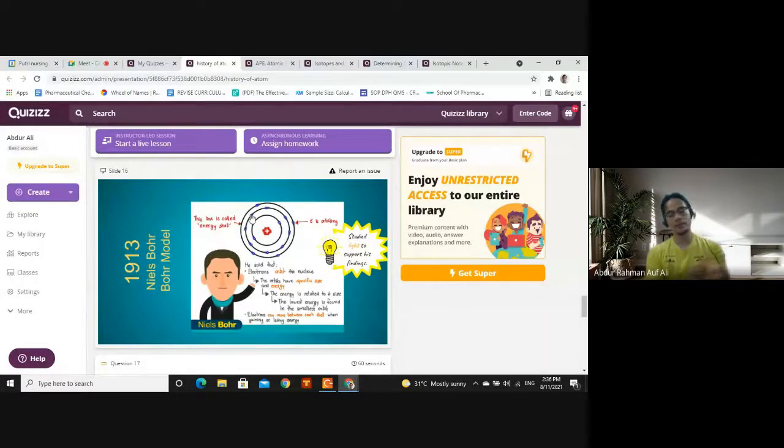So the electron still orbits the nucleus, but Niels Bohr added one condition. If the electron has a lot of energy, it can travel farther from the nucleus. That makes sense, because if you want to exercise and you feel tired, you want to jog, you wouldn't jog far from your house, because you would have to come back and you need to use a lot more energy. So you would maybe just go around your house. And the next week, say you ate a lot that day, you have rested very well, you have a lot of energy, so you can jog 5 km, a bit farther than the previous week.